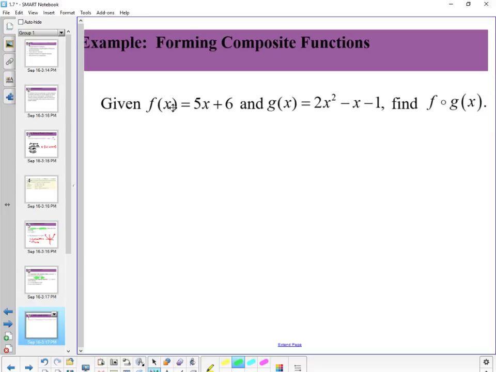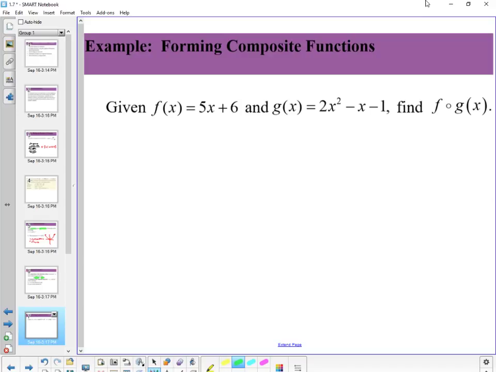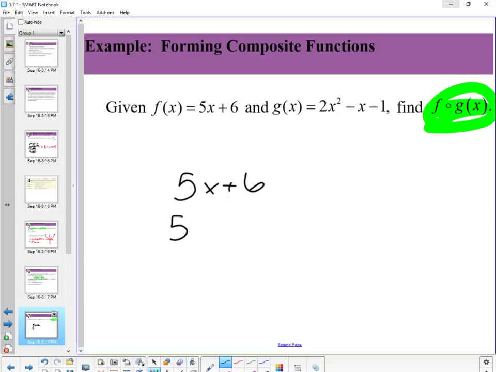Alright, here we go, check it out! Forming composite functions. Here, they want me to create this function, f of g, or f of g of x. So I'm going to start with my main function, which is the f function. The f function happens to be 5x plus 6, yeah? So I need to put something into here. The only place to put it in is going to be in this spot right here. And guess what I'm going to plug in there? The g function, which happens to be 2x squared minus x minus 1.